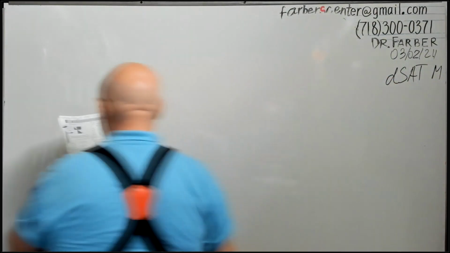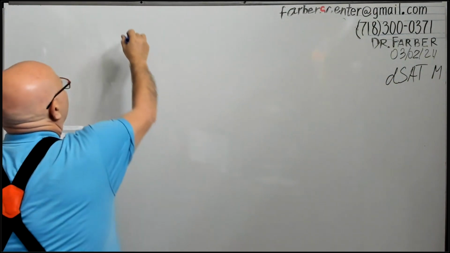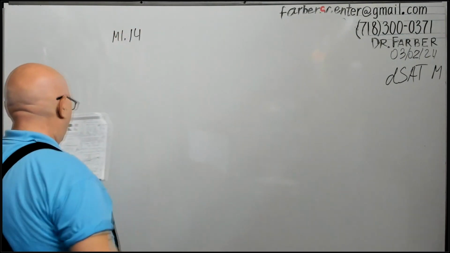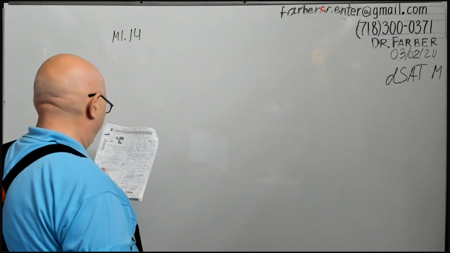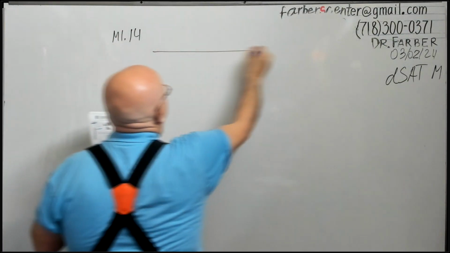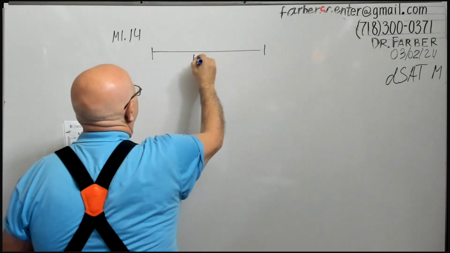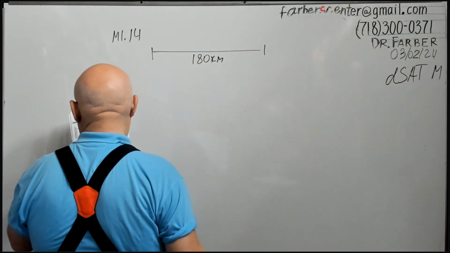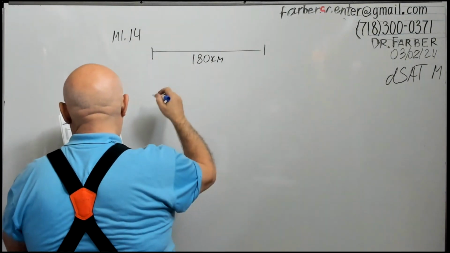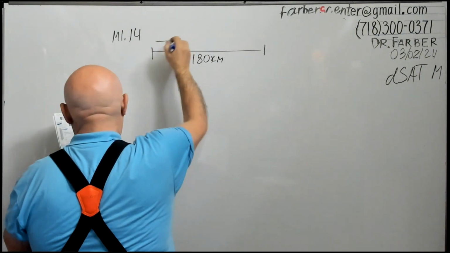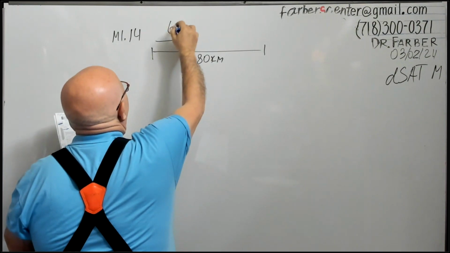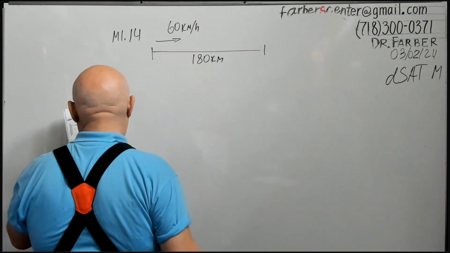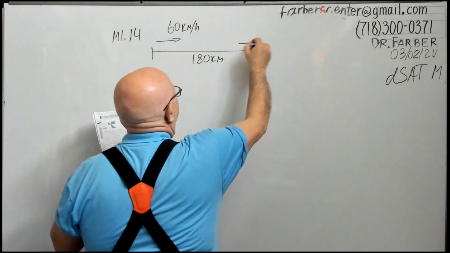So what is given in number 14, Module 1? You have 180 kilometers, what else? And this is 60 kilometers per hour, and back is 90 kilometers per hour.